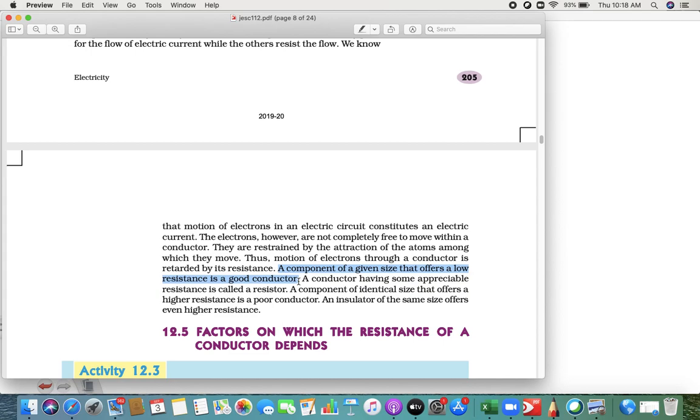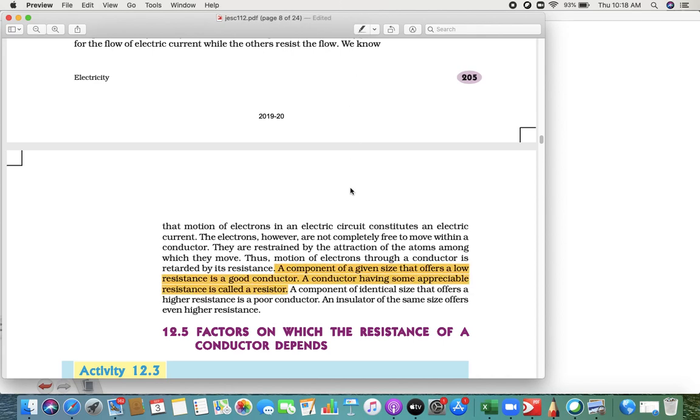A conductor having appreciable resistance is called a resistor, which means it gives you a good resistance. You cannot see a flow of current very well in it. I hope you are getting what I'm saying. We are talking about the resistor.